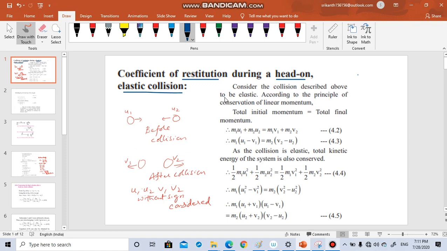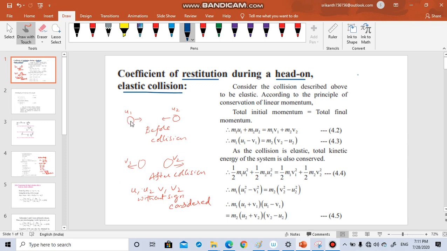When two bodies are moving in the same direction, for relative speed you have to take the difference. If two bodies are going in opposite directions, relative speed means you have to add. So just remember that.